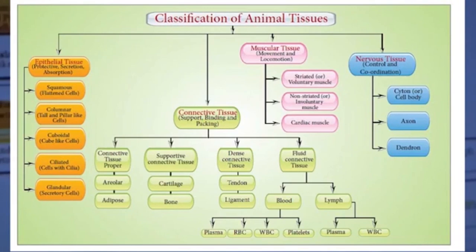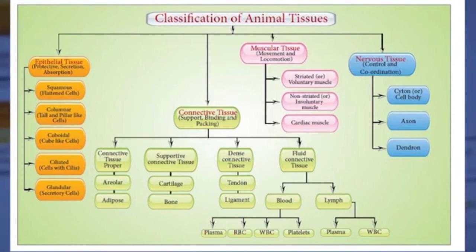Blood in detail is composed of plasma, RBC, that is red blood corpuscles or erythrocytes, WBC, white blood corpuscles or leukocytes, and platelets. Then lymph is composed of plasma and WBC. Now in our human system, blood is circulated, and other than that there is one more circulation going on, called lymphatic circulation.